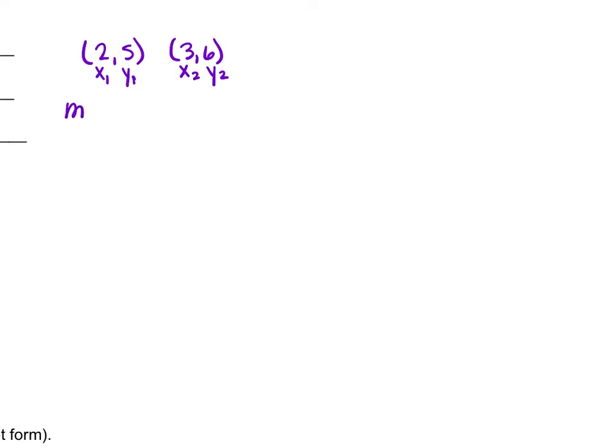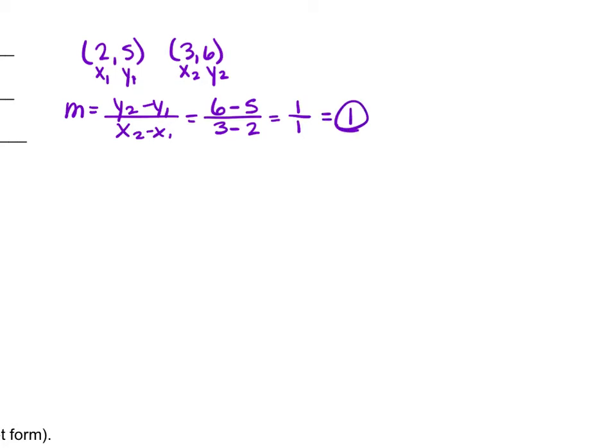And I'm going to go to my slope formula, m equals the change of the y's over the change of the x's, and I plug them in. Y sub 2 is 6 minus y sub 1 is 5, over x sub 2 is 3 minus x sub 1 is 2, and we get 1 over 1, which just simplifies to 1.